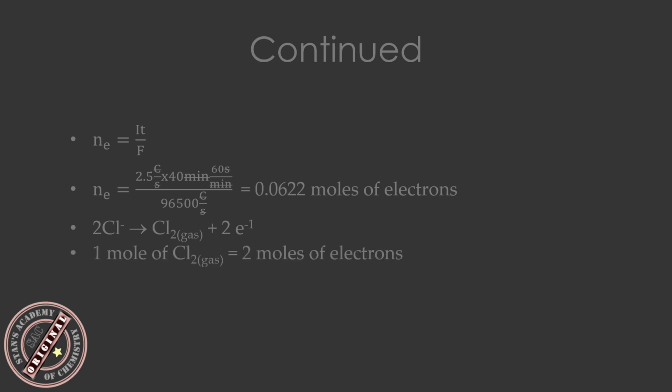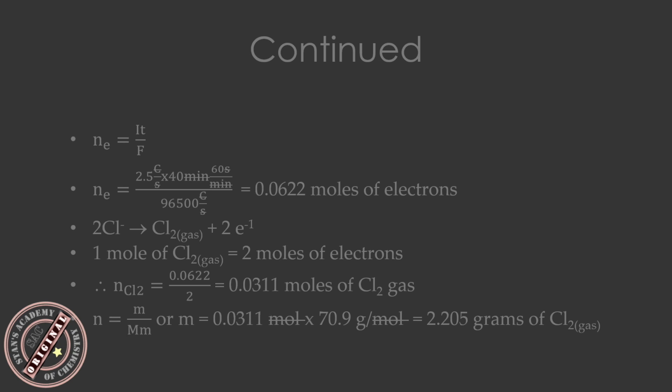From 2Cl- gives you Cl2 plus 2 electrons, 1 mole of chlorine gas will produce 2 moles of electrons, or 1 mole of chlorine gas requires 2 moles of electrons. So the number of moles of chlorine, Cl2, is equal to the number of moles of electrons divided by 2, which is 0.0311 moles of chlorine gas.